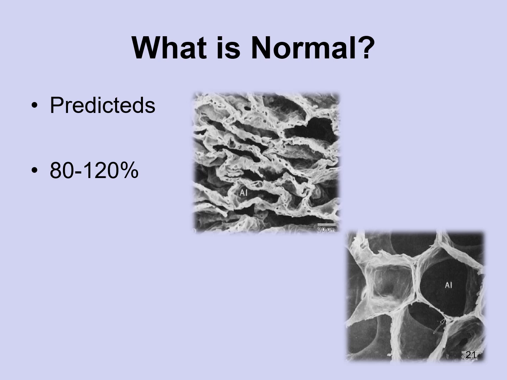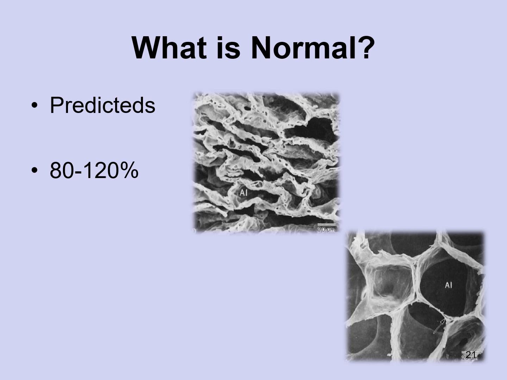We're going to go over this as we move on to some of these reports. In other words, for any value that is less than 80% predicted, we would say that is a low value for that patient. They're lower than they should be. A value greater than 120% predicted would be considered a higher value than it should be for that patient.